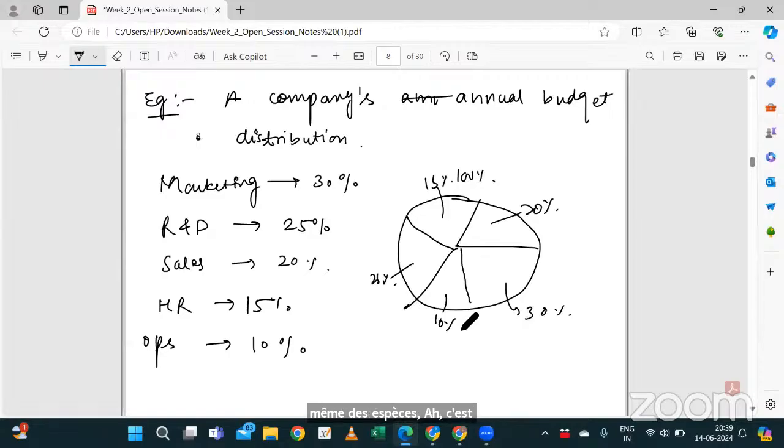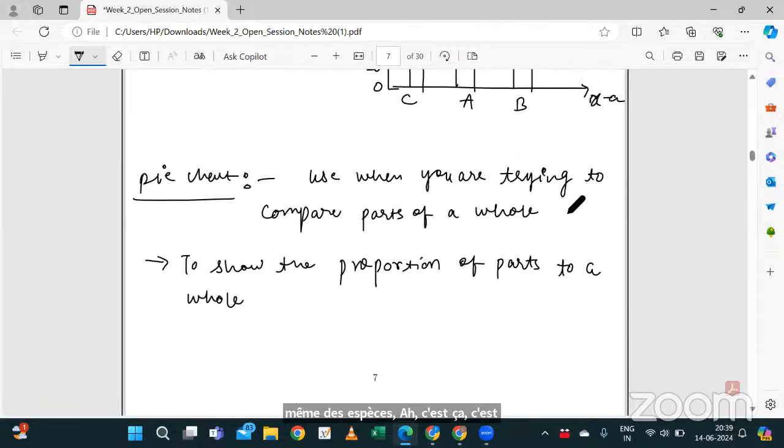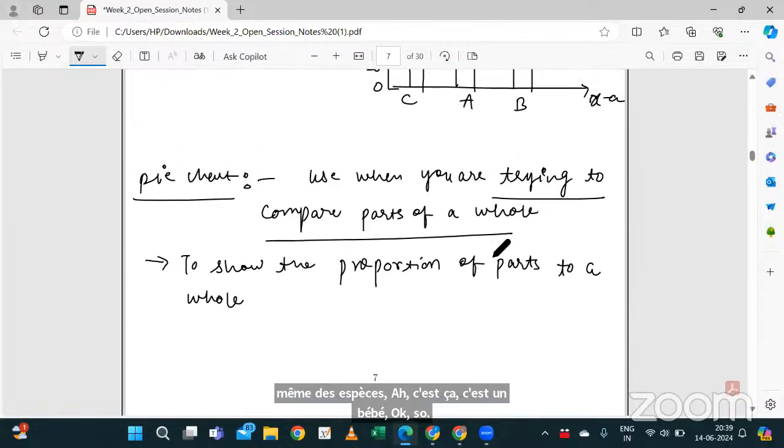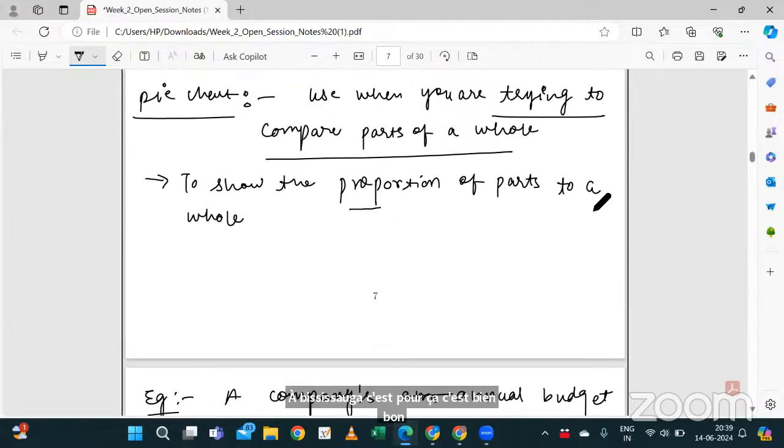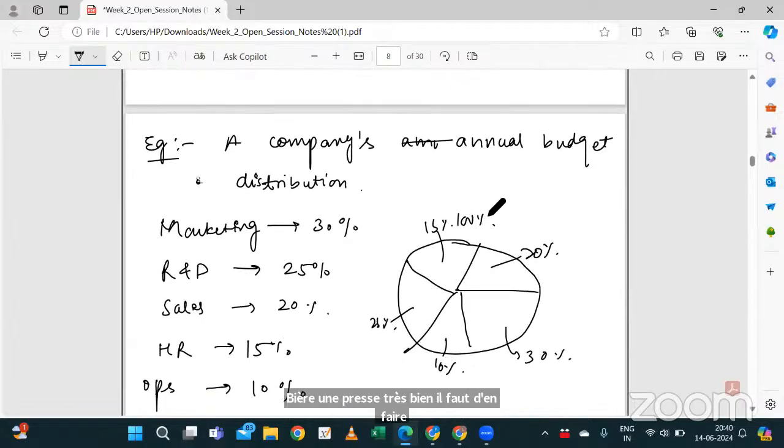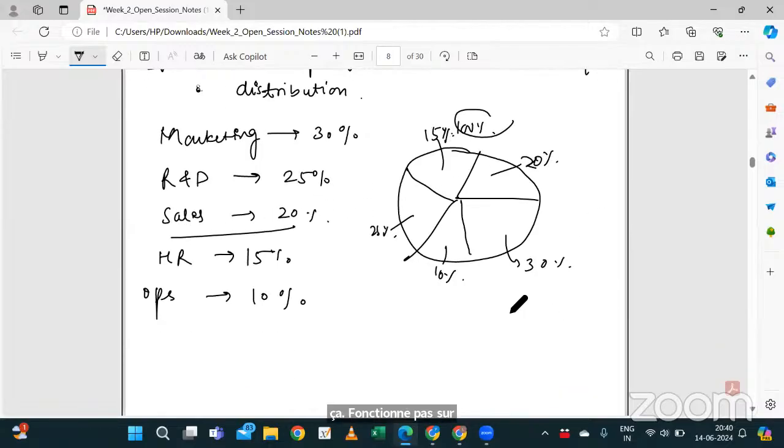So here what we wanted to do, we are trying to compare the parts of a whole, or proportions of the parts to a whole. So the whole is just 100%. You want to compare, let's say, 20% for sales and 30% for marketing and all.